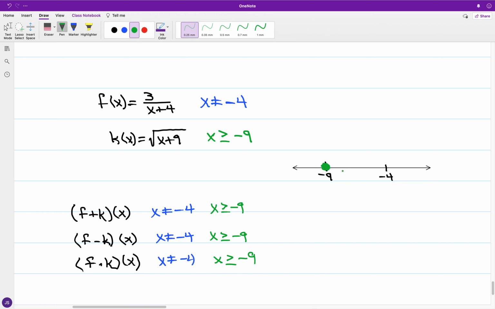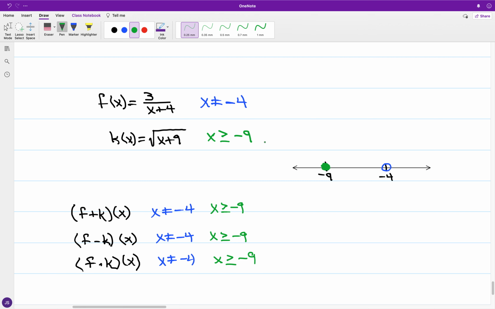But instead of having continuous motion as we proceed past negative 9, we have to stop right here because x cannot be negative 4. So negative 4 is excluded. I have x equal to negative 9, and the other portions will be those other values of x greater than negative 9.